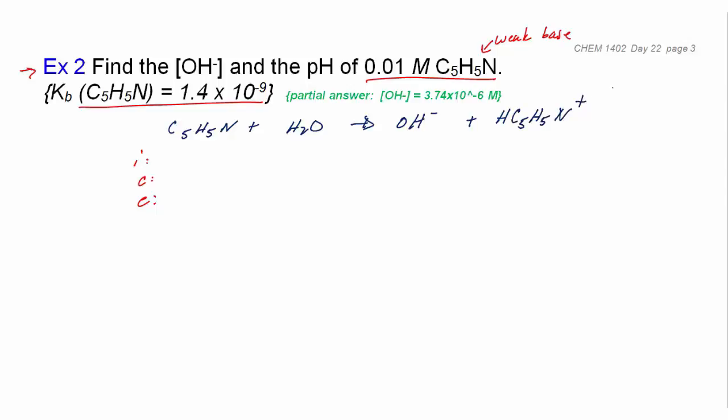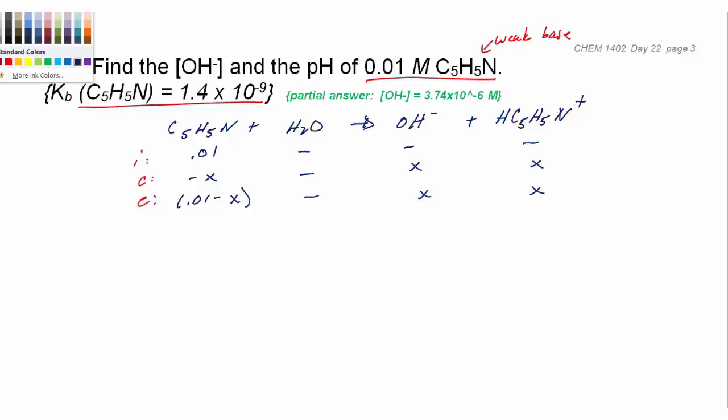So in our initial row, we have 0.01 molar pyridine, and water never shows up, so I'm going to put dashes all the way down. We don't have anything initial for hydroxide or its conjugate acid. The change row: minus x, x, and x. So equilibrium concentrations: 0.01 minus x for pyridine, and x and x for the concentrations of the hydroxide and the conjugate acid.